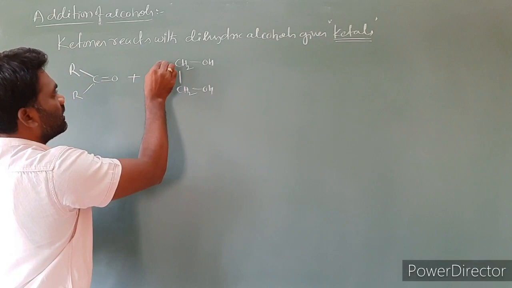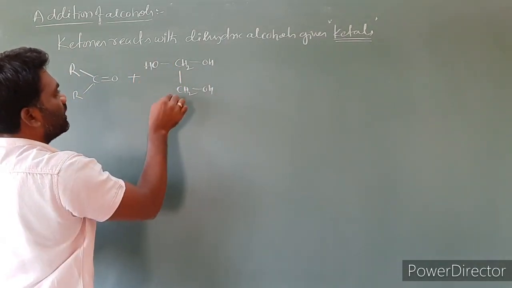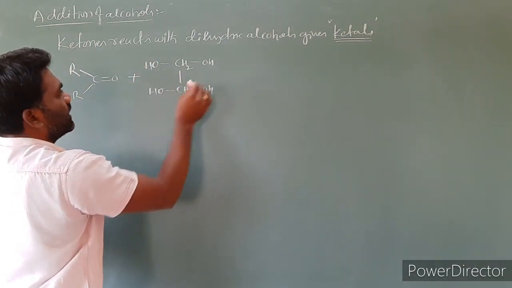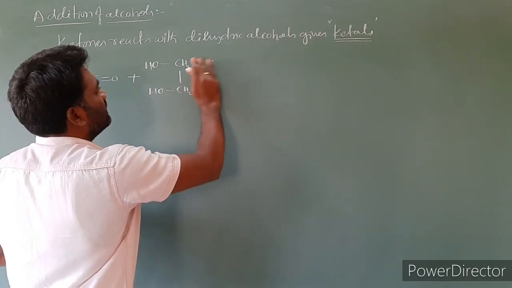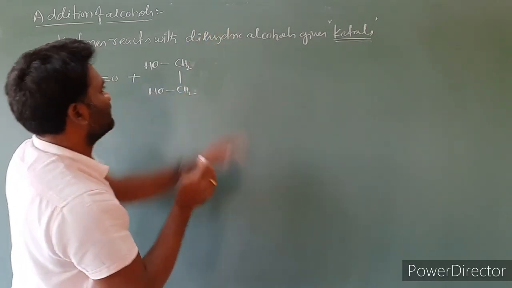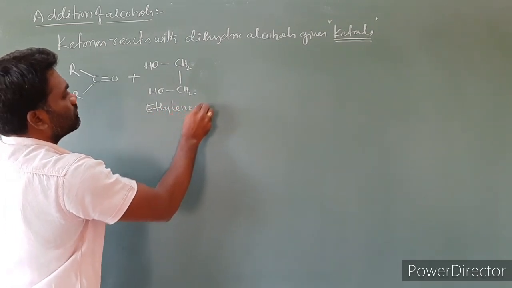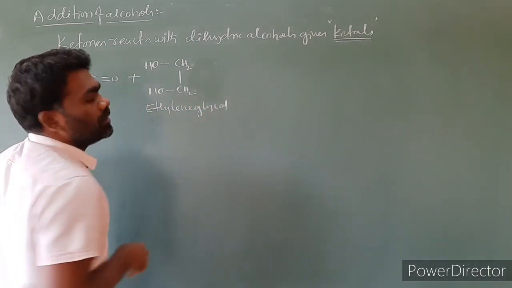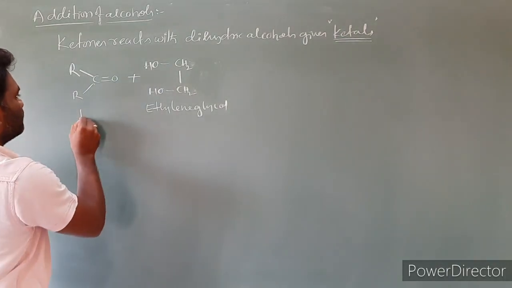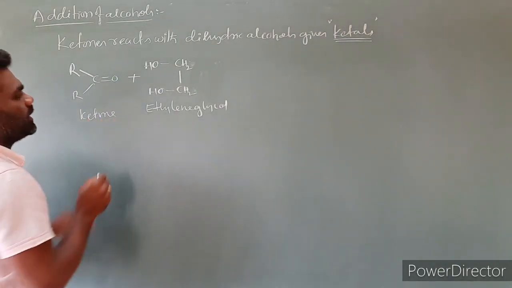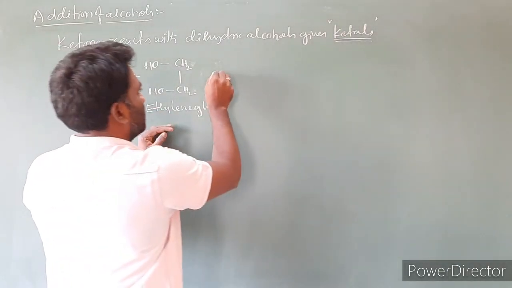To make the reaction convenient I am writing CH2OH CH2OH. So this is ethylene glycol. This is the ketone. So the ketone reacts with ethylene glycol and the condition remains the same.